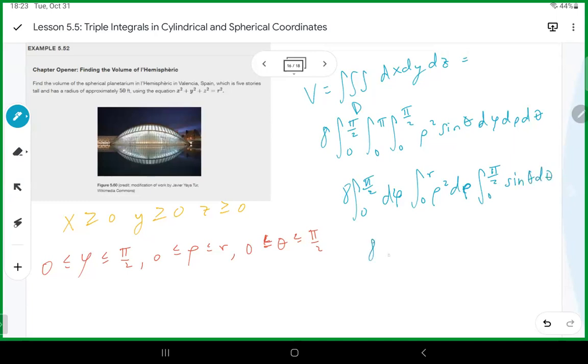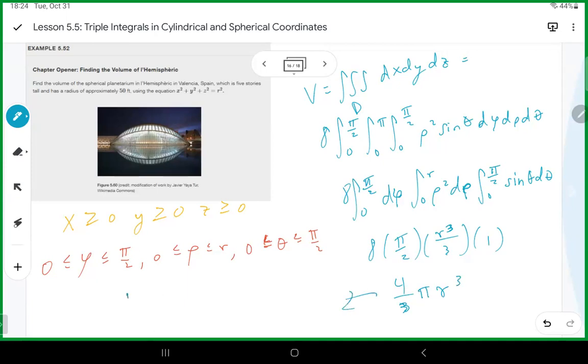All right, so we're going to have 8 pi over 2, r cubed over 3 times 1. We know what our r is, so it's going to be 4 thirds pi r cubed. Well, that's just the volume anyway.